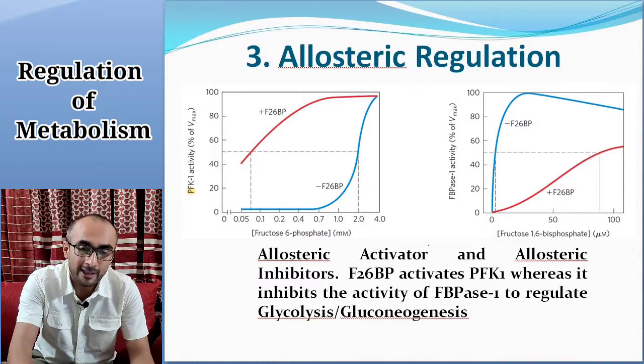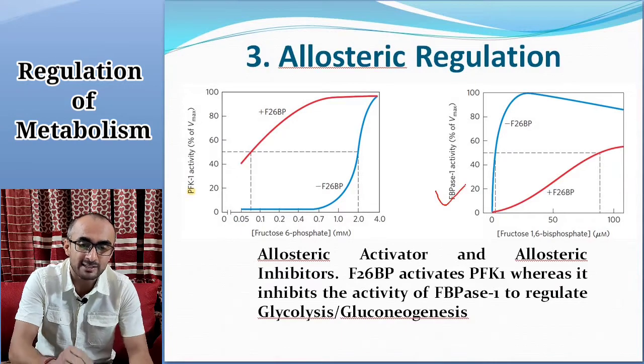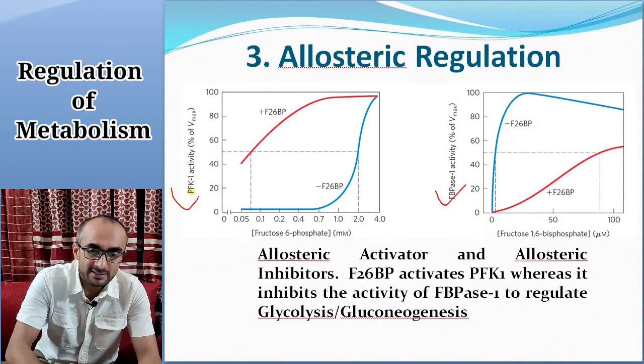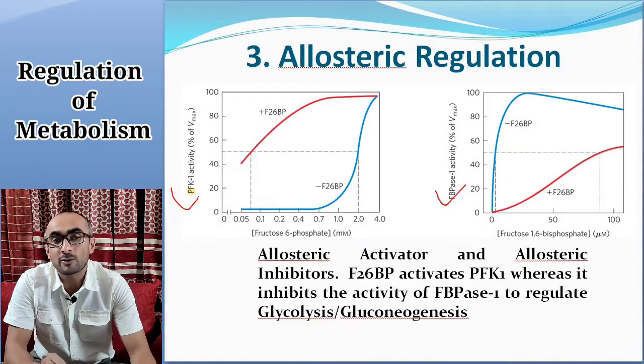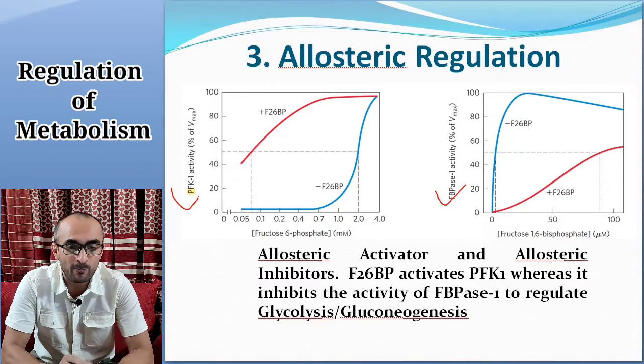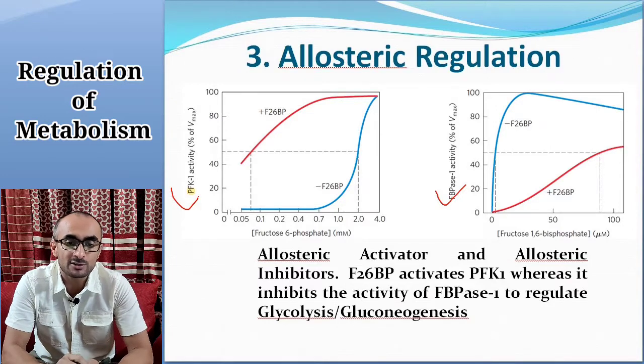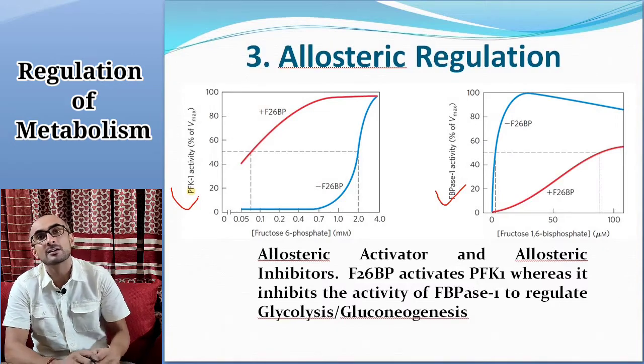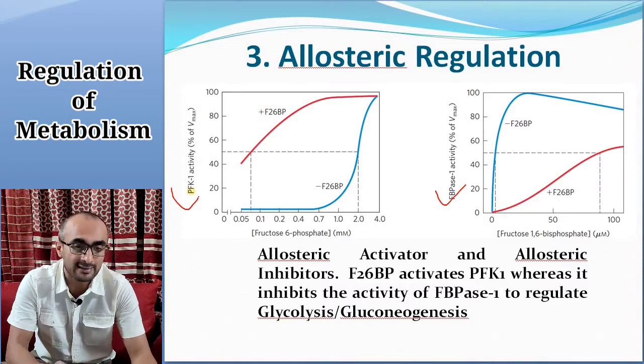That enzyme is FBPase, fructose bisphosphatase. And PFK1 of glycolysis and FBPase1 of gluconeogenesis are both regulated by the same compound, fructose 2,6-bisphosphate, that we have discussed in the earlier lecture on glycolysis.